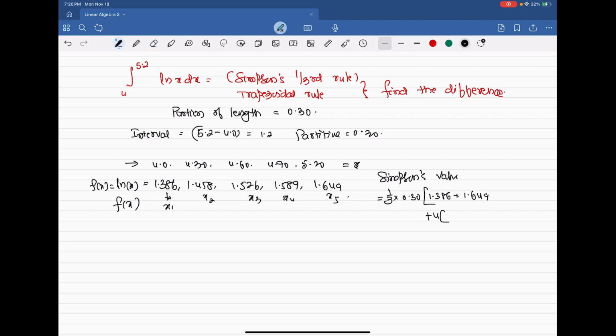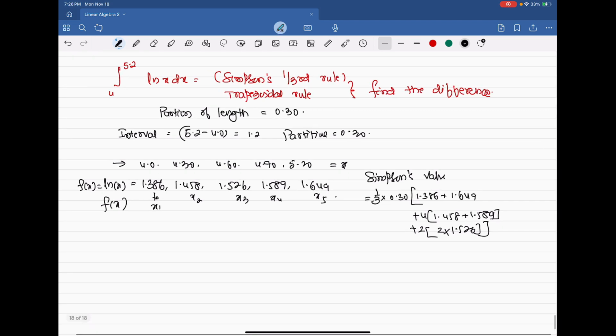What is even? x2 is even, 1.458, plus x4 is even, 1.589, plus 2 into odd. Only one odd is there, 2 into 1.526, because x5 and x1 are already taken as first and last.